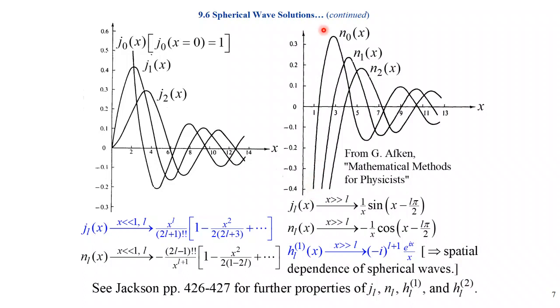And you can check everything. So j_l can be written in this form, h_l can be written in this form. That's the spatial dependence of spherical waves. Okay, just have an impression.